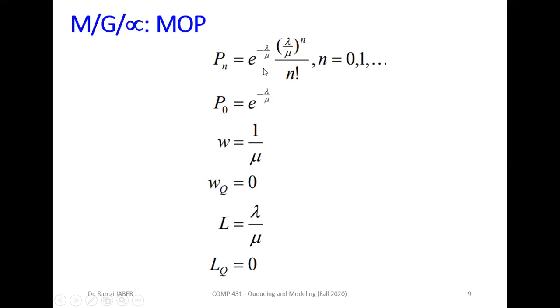This is the difference between M/M/infinity and M/G/infinity. The other parameters, W, WQ, L, LQ are the same for M/M/infinity and M/G/infinity. This is fast definition. It's general distribution, so we don't have a lot of examples on it.